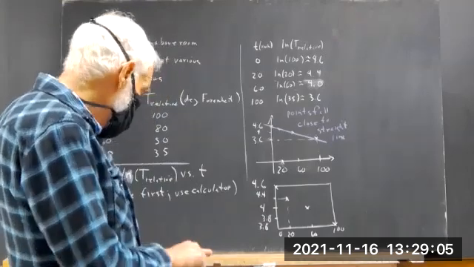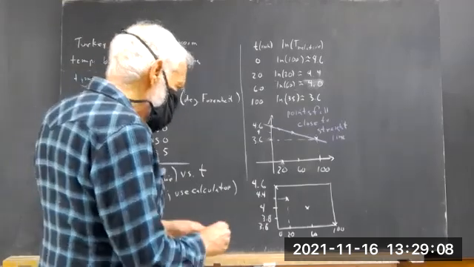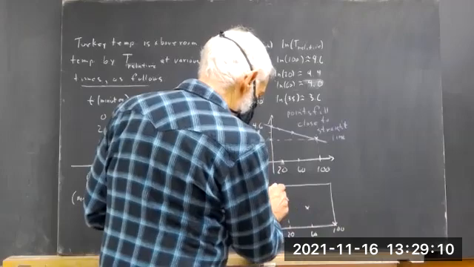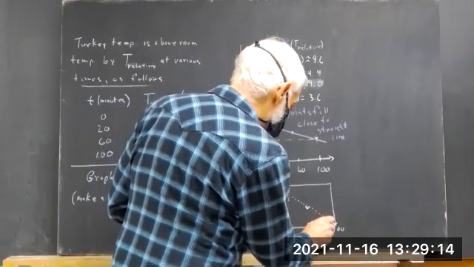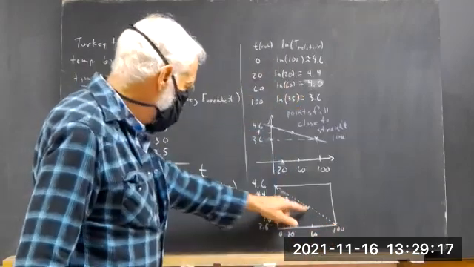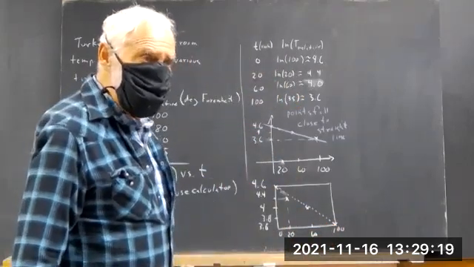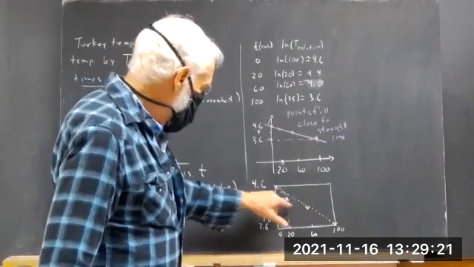So if I say the graph is a straight line from here to here, I'm ignoring the fact that these two points lie below the straight line and aren't influencing my graph at all.